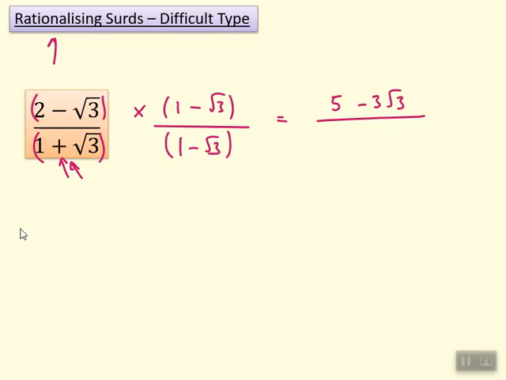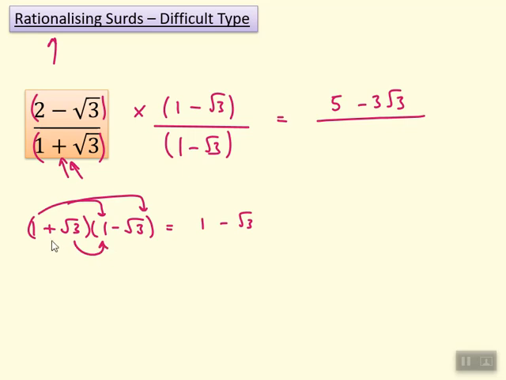Okay, now let's do the bottom. That's going to be 1 plus root 3 bracket 1 take away root 3, and you'll see what happens in this. So 1 times 1 is 1, and then 1 times minus root 3 is minus root 3, and then root 3 times 1 is positive root 3, and then positive root 3 times minus root 3 is negative root 9.